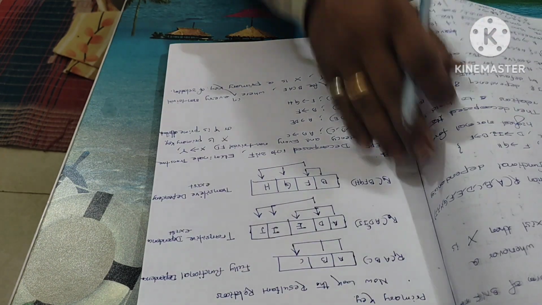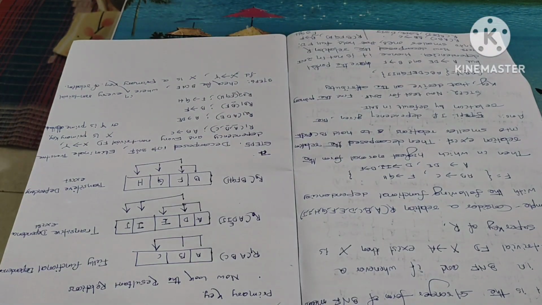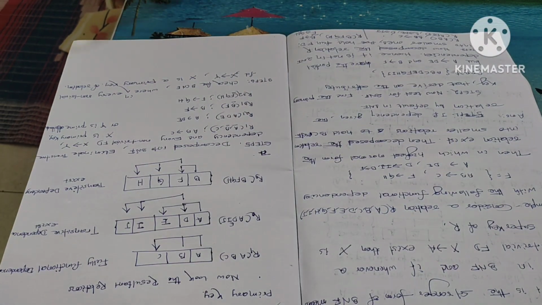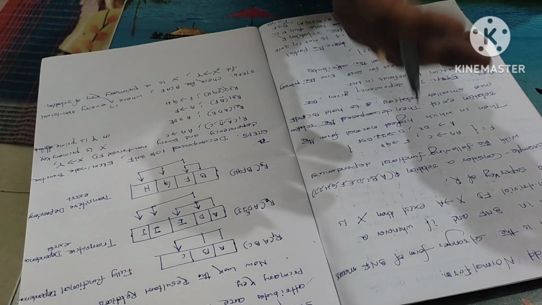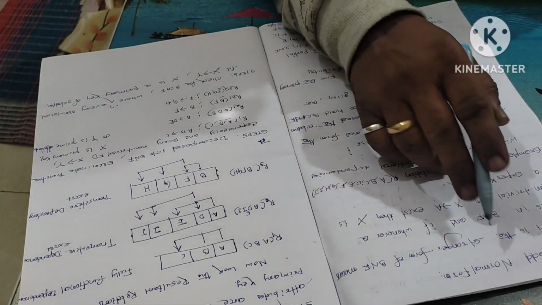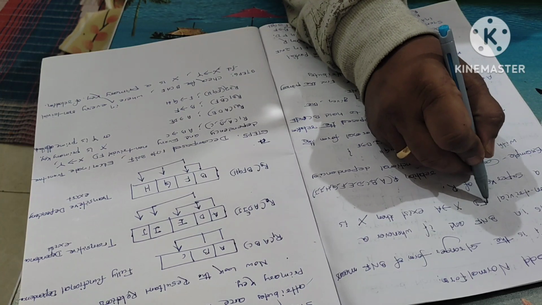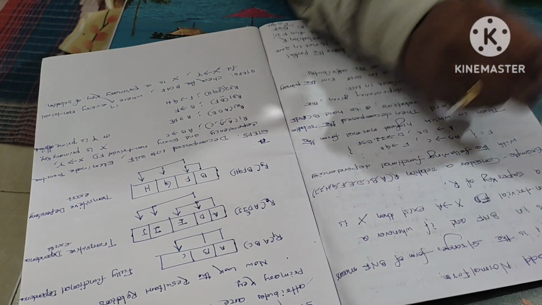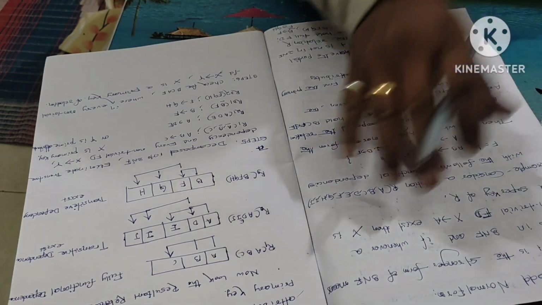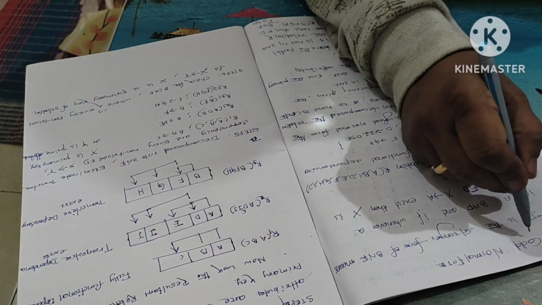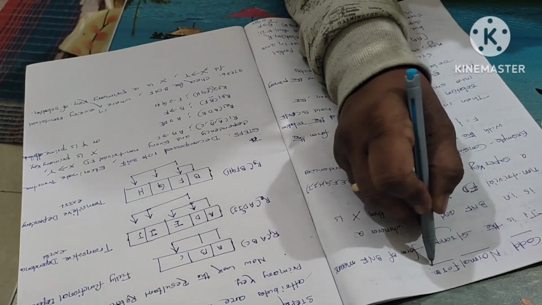Now let's go to the strongest form of normal form based upon the functional dependency. We call it Boyce-Codd normal form.